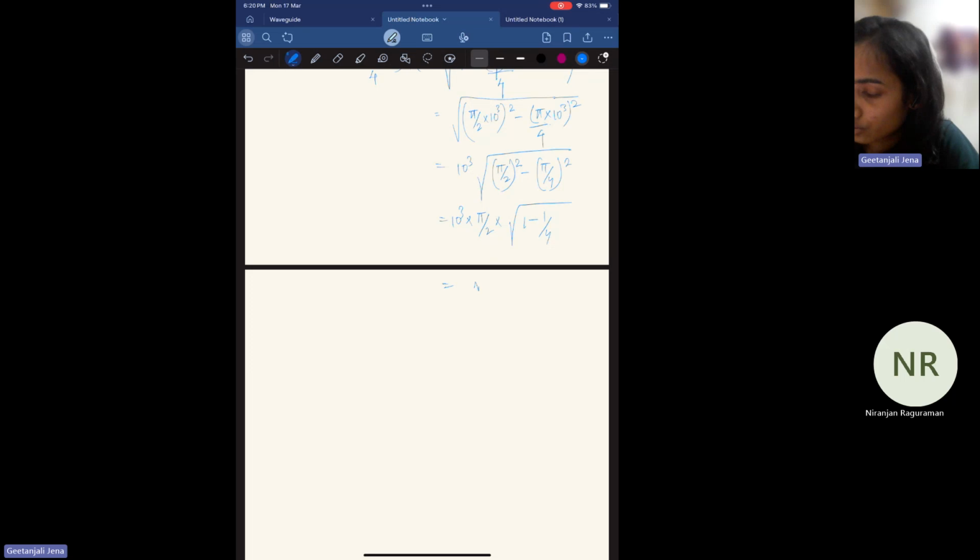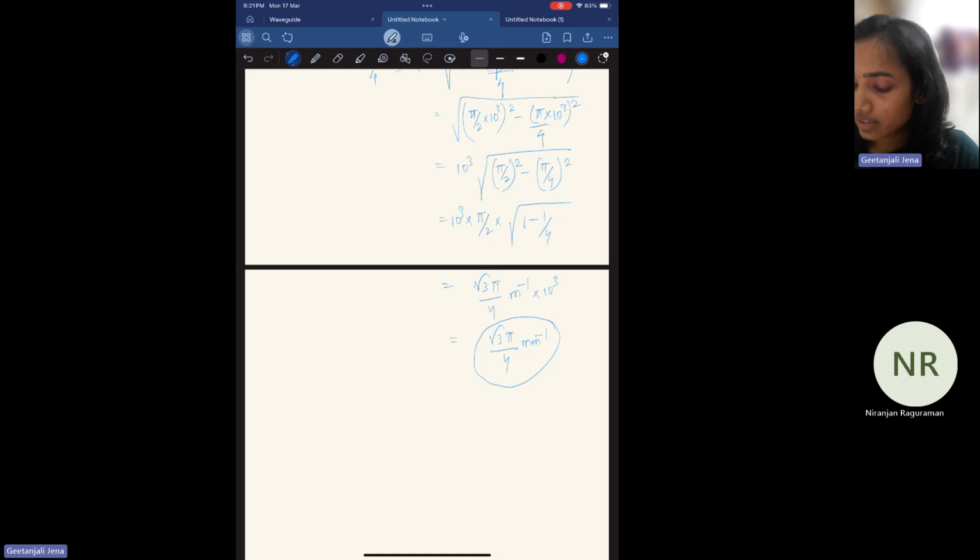So you will get root 3 pi by 4 meter inverse, and there is 10 to the 3 also here. So you can write it as root 3 pi by 4 millimeter inverse. So this is the value of the coupling coefficient now.